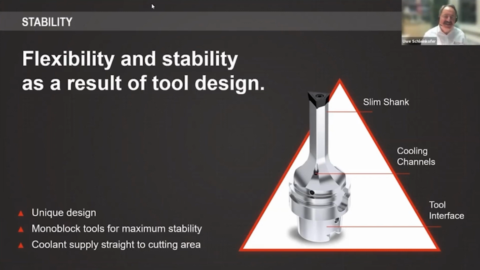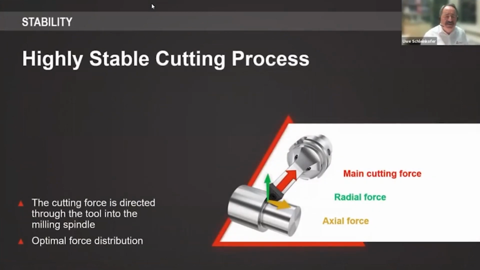So why is that much more stable than a conventional tool? This is pretty easy to describe when you look at the cutting forces, because now we tilt the main cutting force from a perpendicular approach, so 90 degrees, directly into the tool axis.